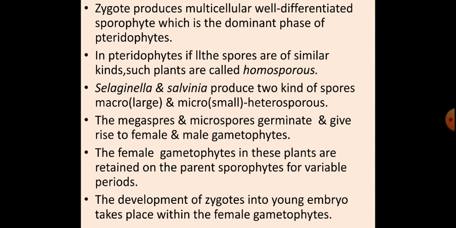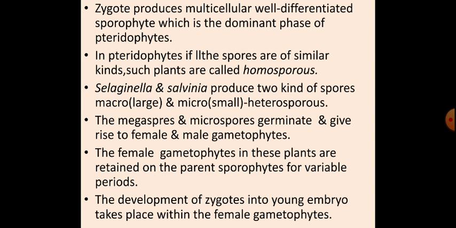Okay, now understood how a sporophytic plant body is produced. The parent plant body is a sporophytic plant body. It will have sporangia. Sporangia will produce spores. Those spores will germinate and give rise to gametophyte.